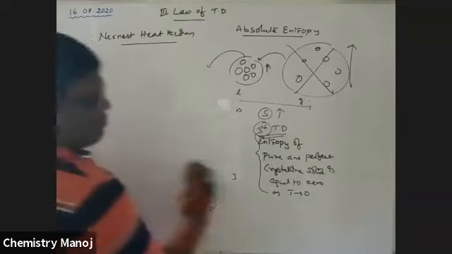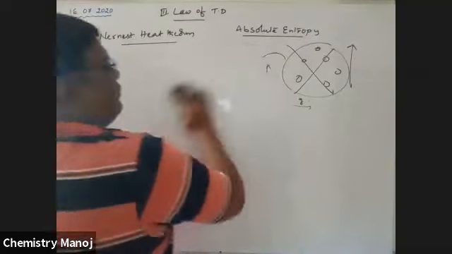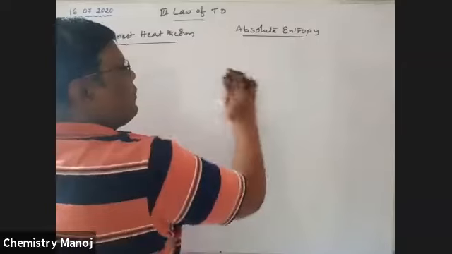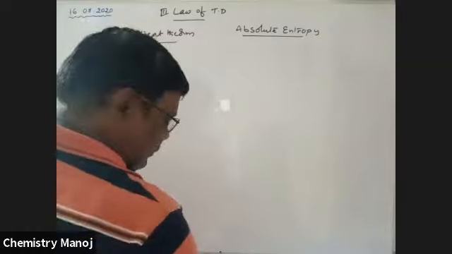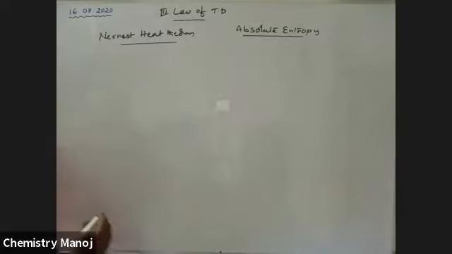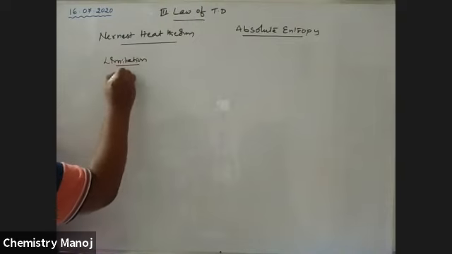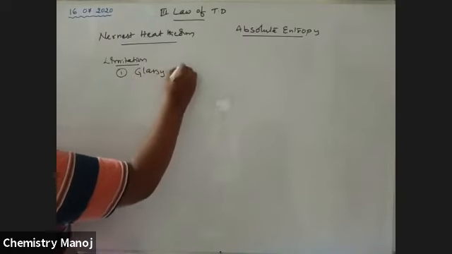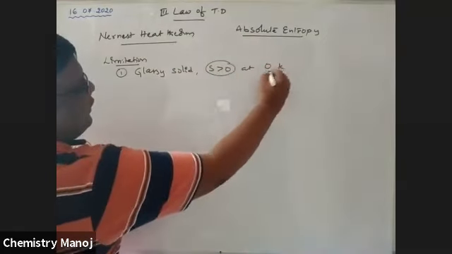So the first limitation is the glassy solid, with entropy greater than zero at 0 Kelvin.